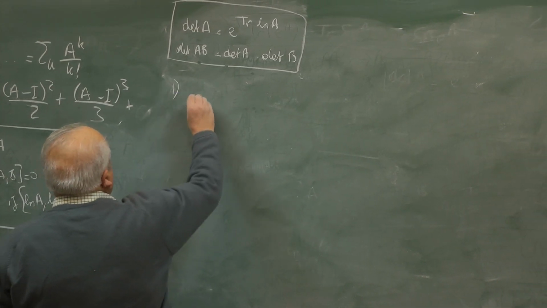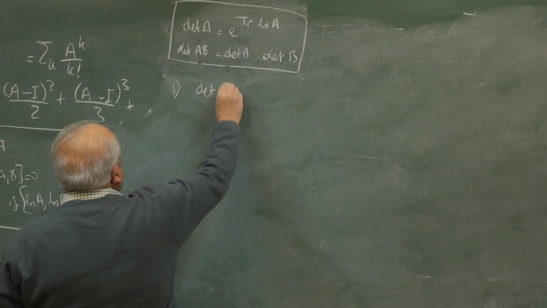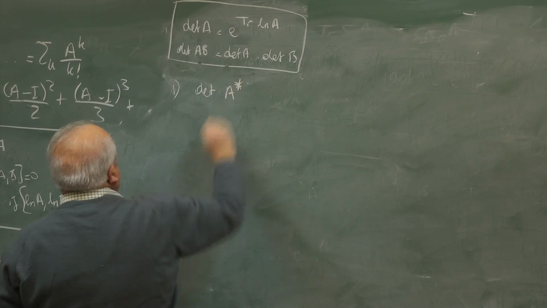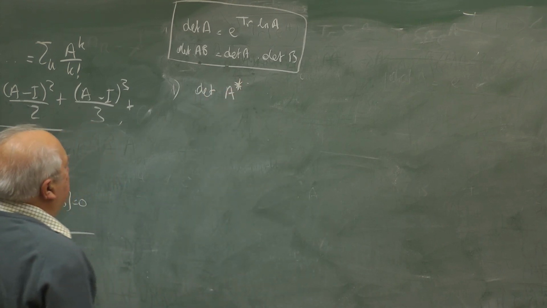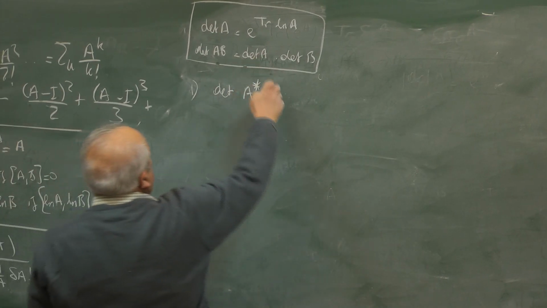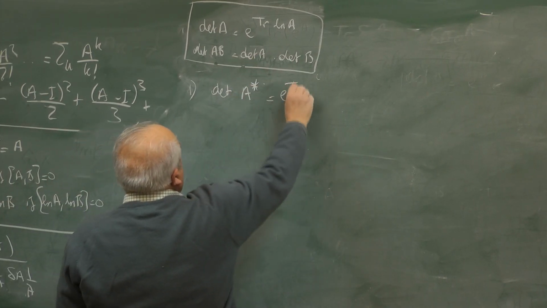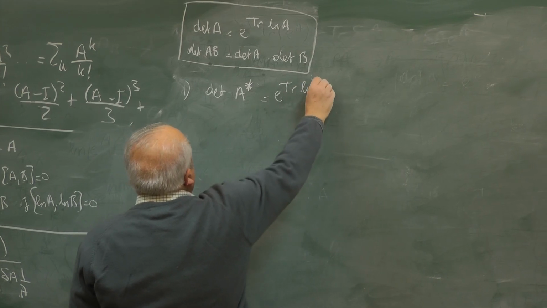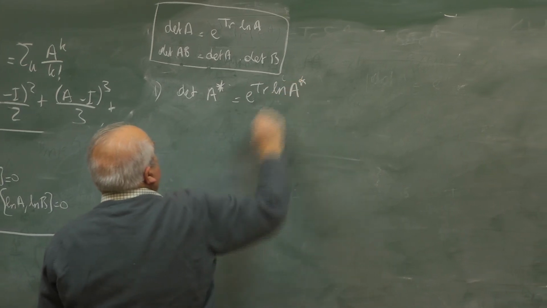For example, let us look at determinant A complex conjugate. So if A is given, determinant A, what is the determinant of the matrix which is the complex conjugate? It follows from here, this is e to the trace log A star.